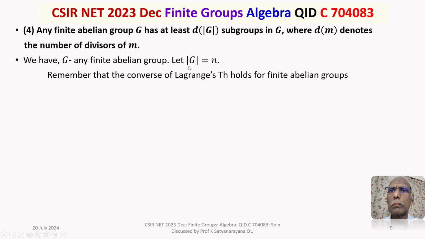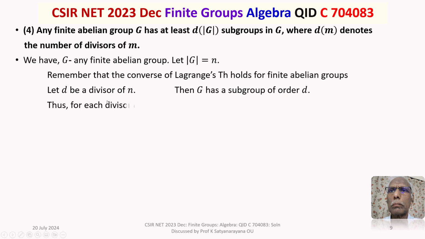That means for each divisor d of n, there is a subgroup of G of order d.